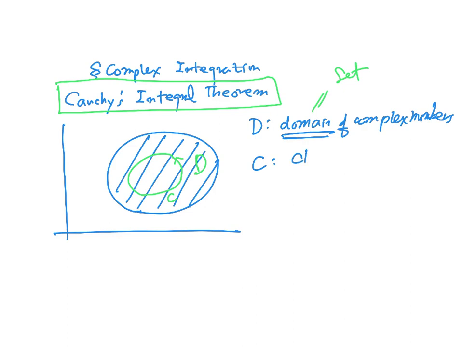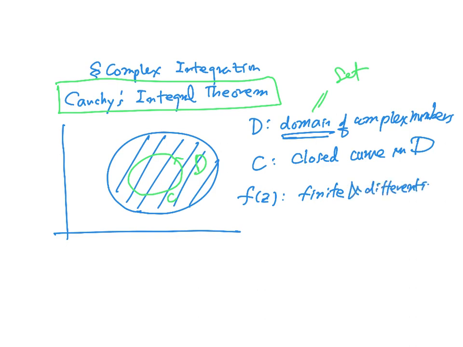C is a closed curve. When f is finite and differentiable, the function is differentiable means it satisfies the Cauchy-Riemann condition. Then we say this function is analytic.